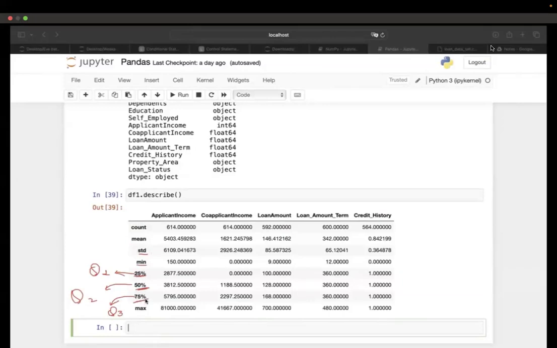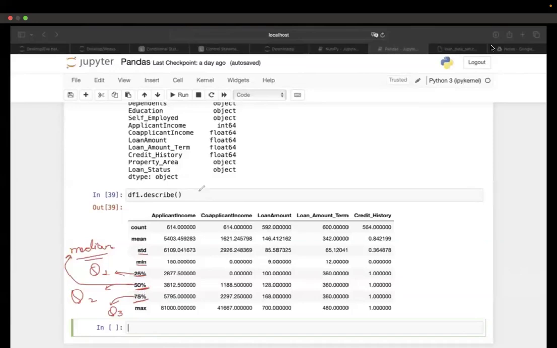Don't worry, we'll learn that later. So these all are quartiles. We say that 50% or quartile 2 is also called the median of the data. Getting it? So 50% is also considered to be the median of that particular column.